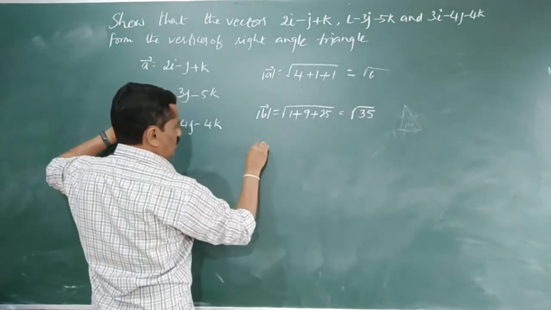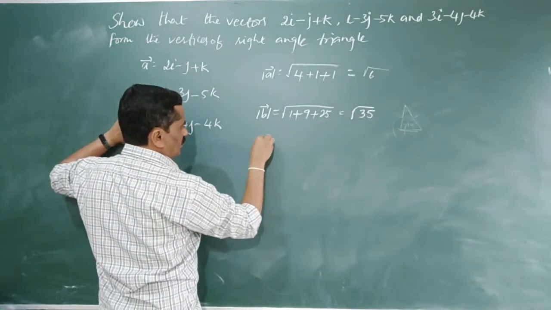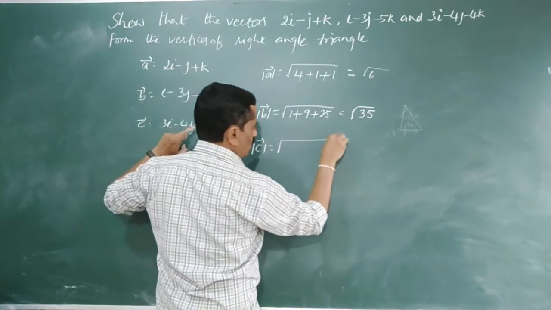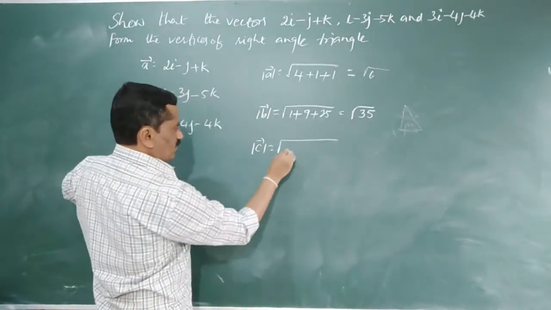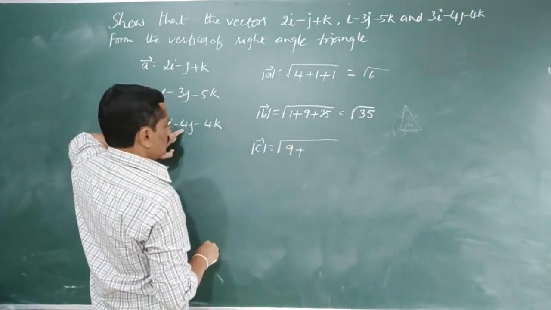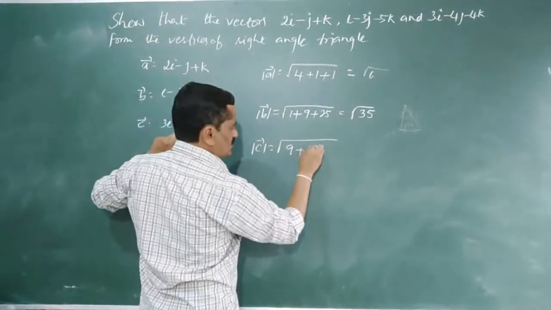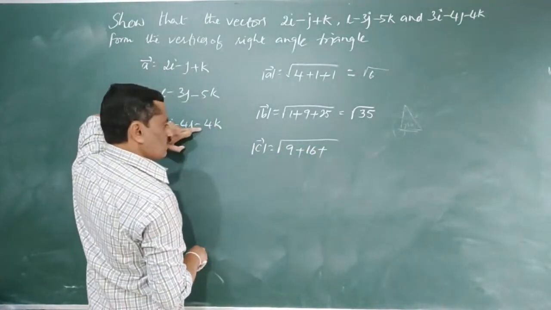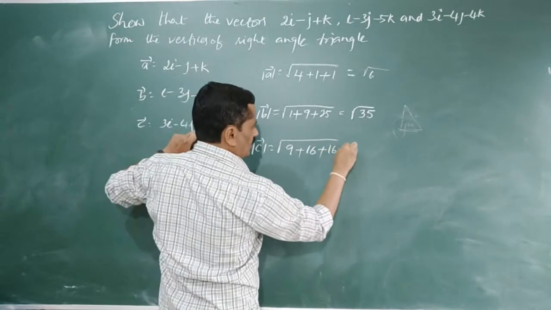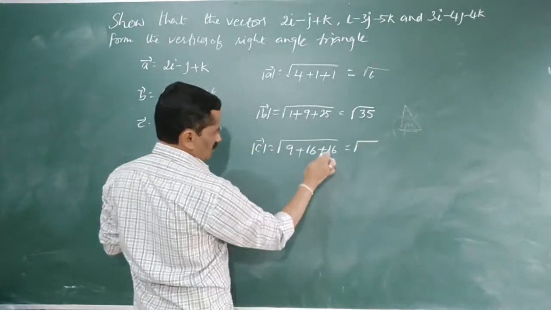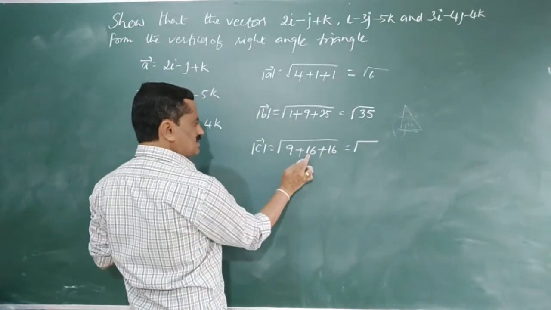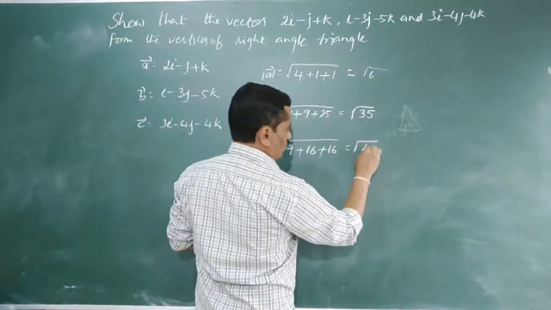Next, the magnitude of c bar is equal to the square root of 3 square, 9, plus minus 4 whole square, 16, plus minus 4 whole square, 16. That is 9 plus 16 plus 16, root 41.